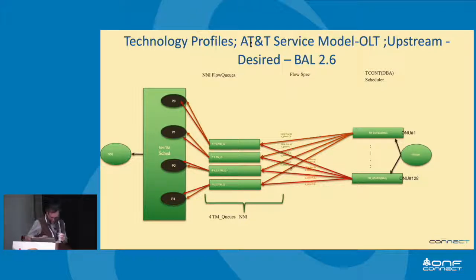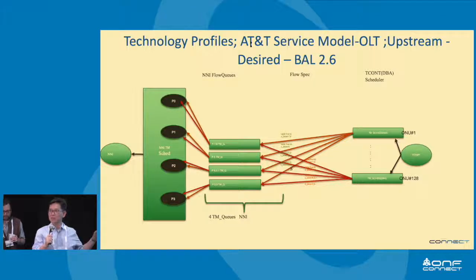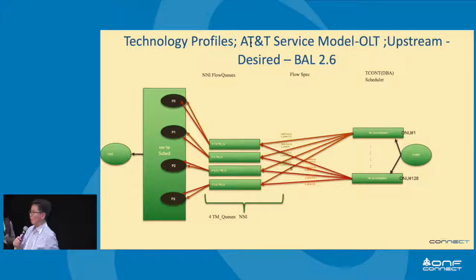I'll take it. And any question we have so far regarding this? I think the implementation of technology profile was implemented in VOLTHA 1.6. And right now we're going to port the implementation into VOLTHA 2.x. The initial release of VOLTHA 2.0 does not include the technology profile implementation.